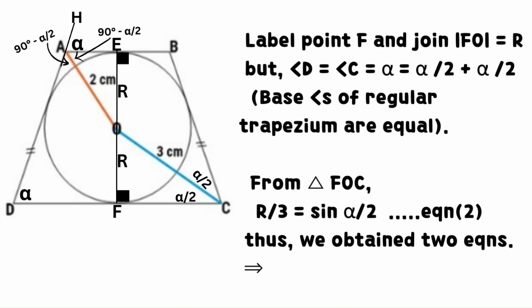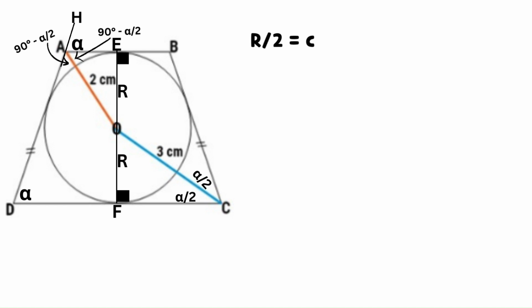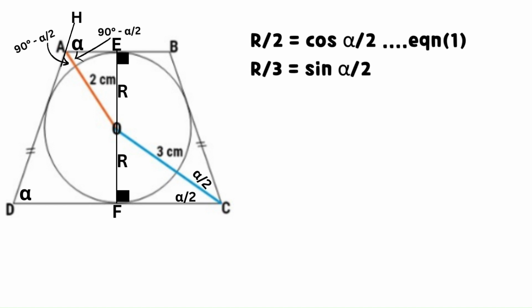Thus, we obtain two equations. Half of r equals cosine of half of alpha.